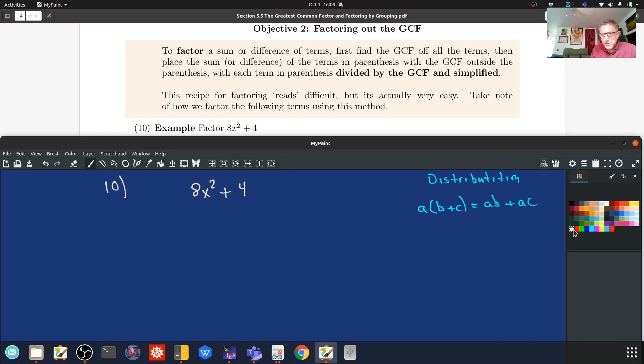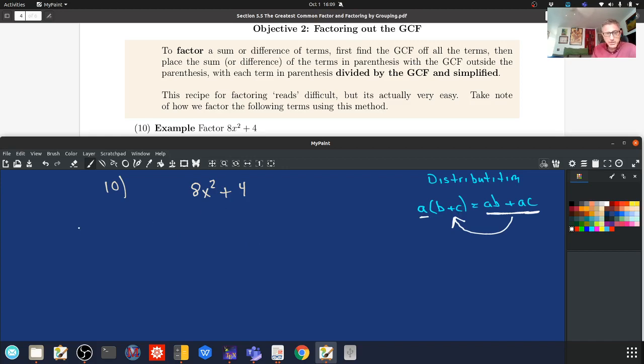So factoring is when you are given this side of a distribution equality and we want to go over here. The GCF of these two terms is going to be A, so I can pull A out, and the other two will be enclosed in parentheses with either a sum or a difference in between them.